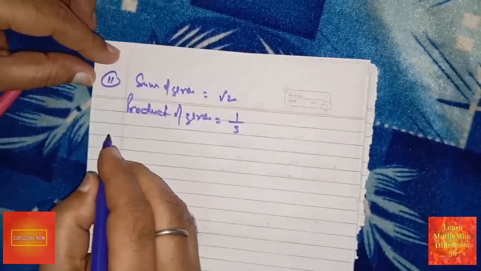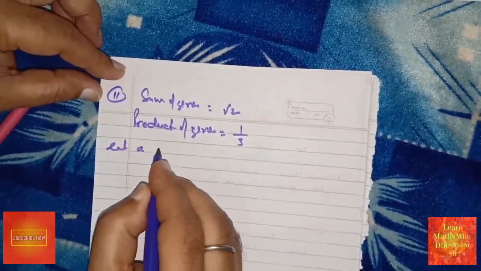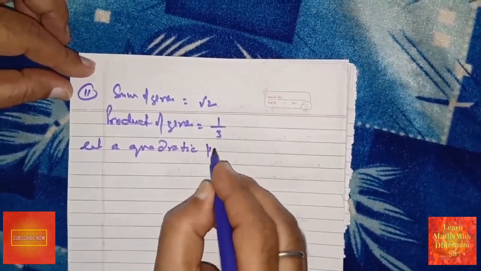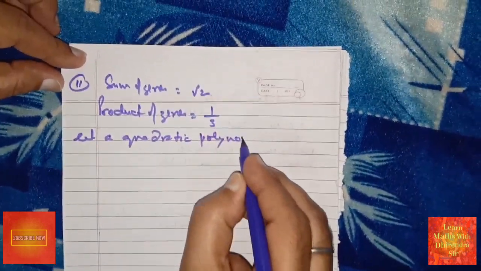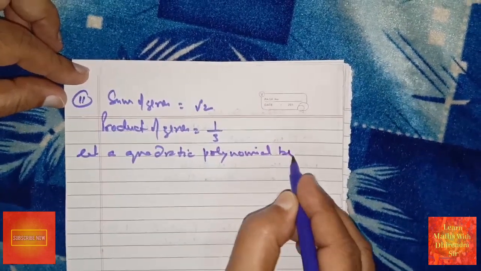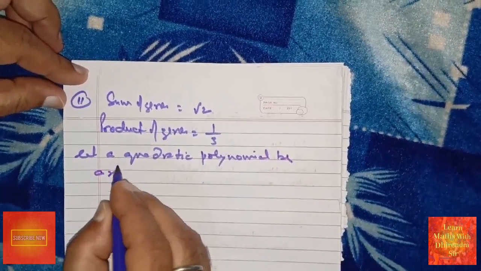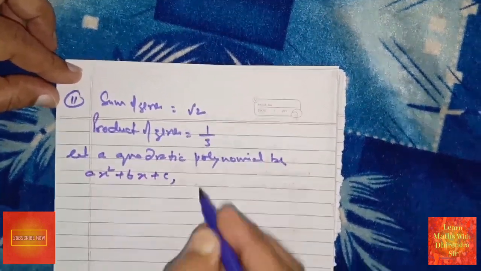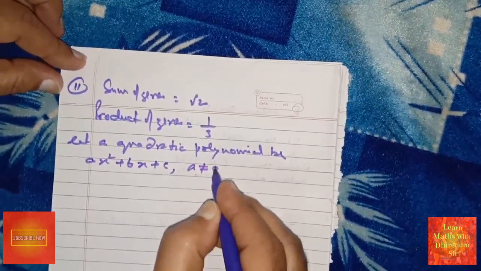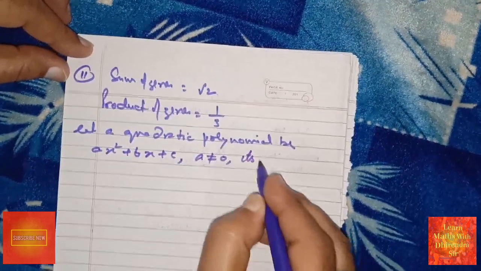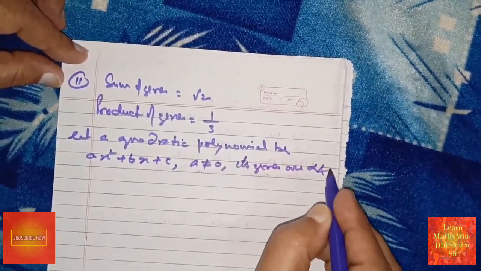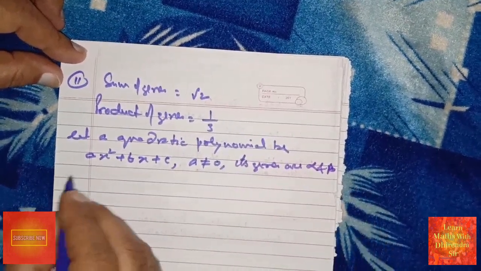Once again let a quadratic polynomial be ax² plus bx plus c, a not equal to 0, its zeros are alpha and beta.